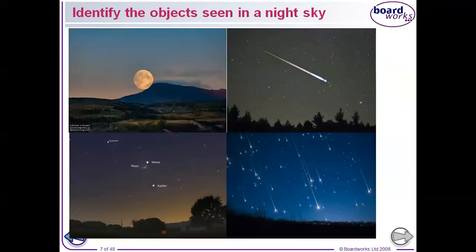Now, can you identify some of the things you see on the screen? This one is a moon, and this is a comet because of the tail. Remember, I said the comet sometimes produces a very long tail.